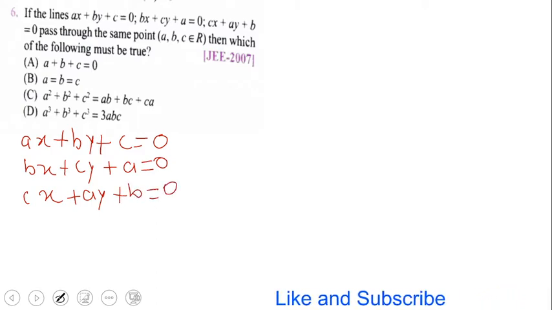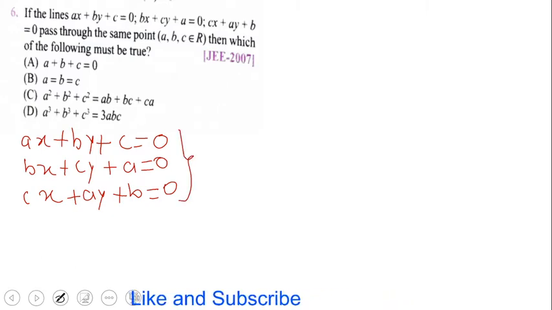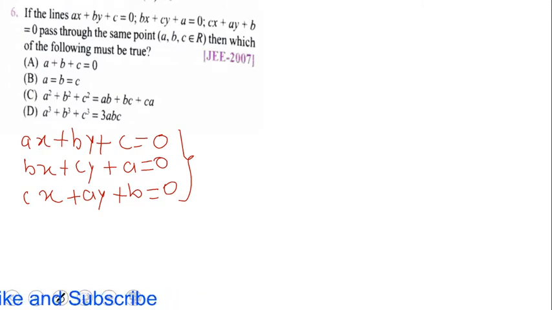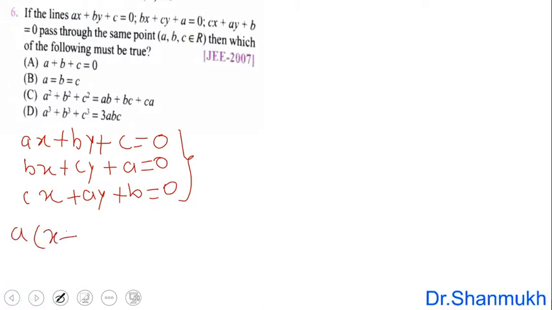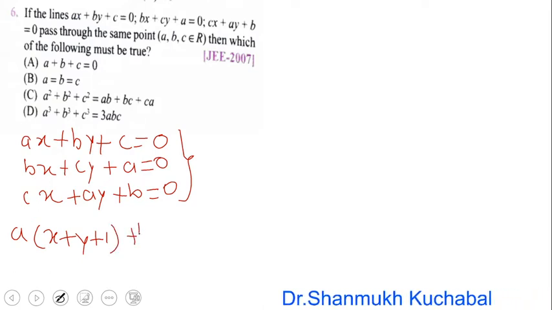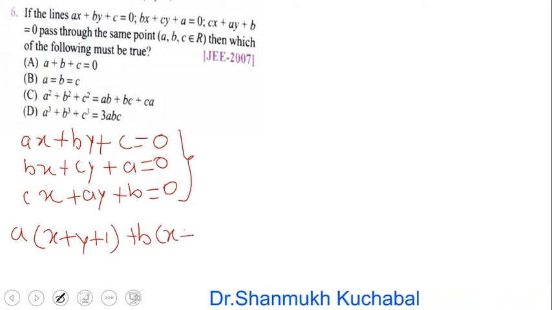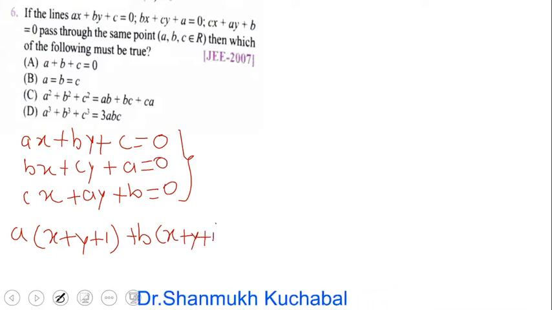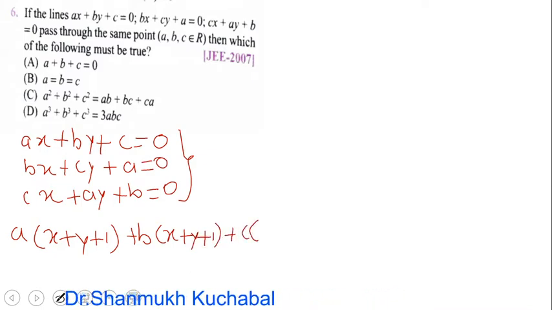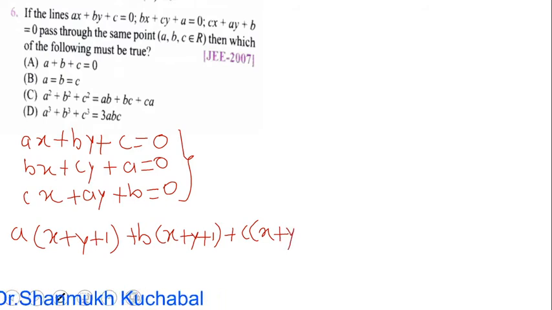We add all three equations in such a way that we take a, b and c common. So we get a common, (x plus y plus 1), then b common, (x plus y plus 1), and c common, (x plus y plus 1) equal to 0.